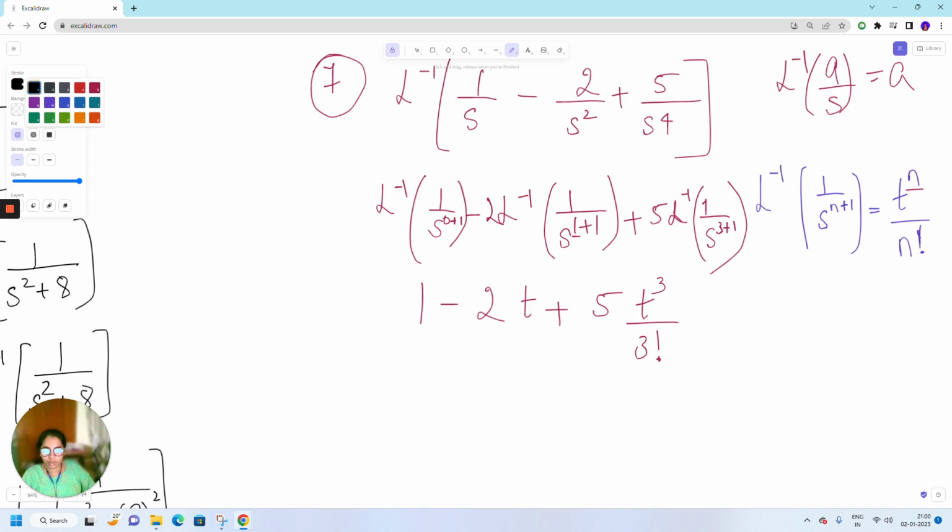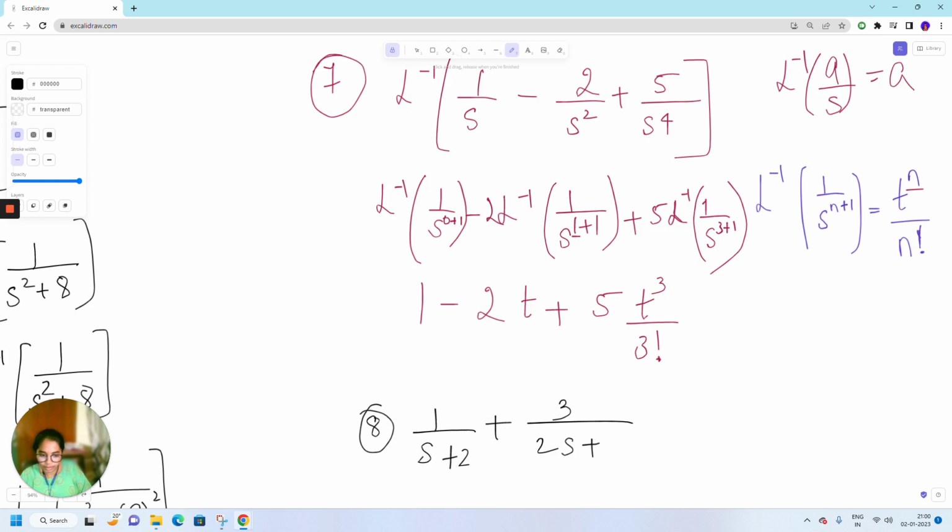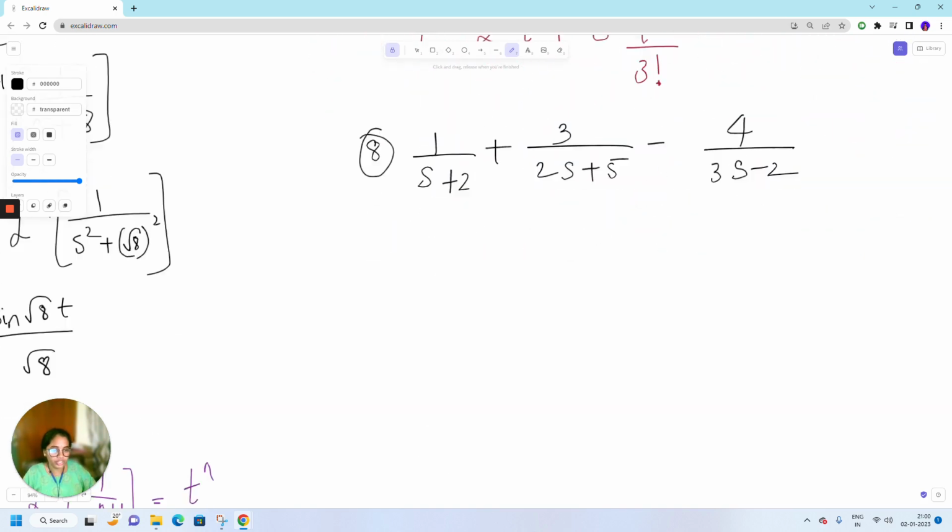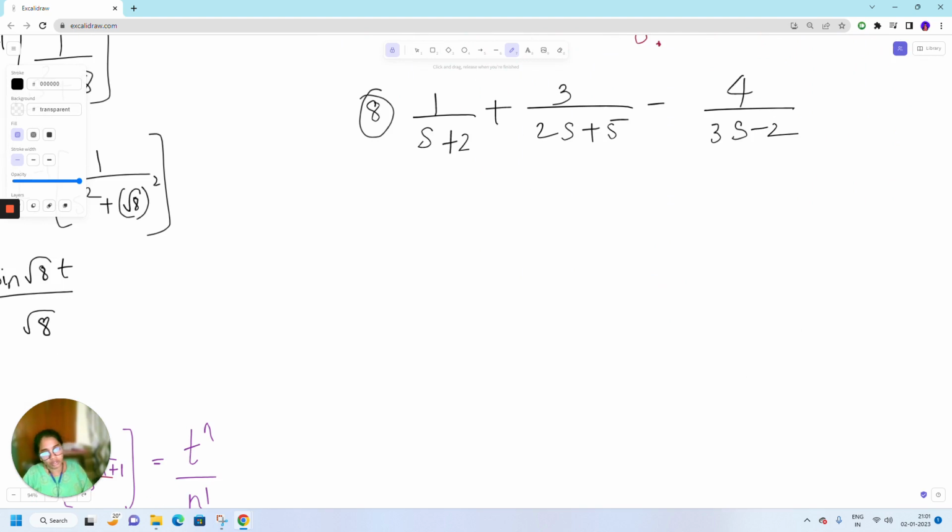Yes, so the next question is the 8th one. 1 divided by s plus 2 plus 3 divided by 2s plus 5 minus 4 divided by 3s minus 2. What is the first step? I want only s here. I want it free from this 2.